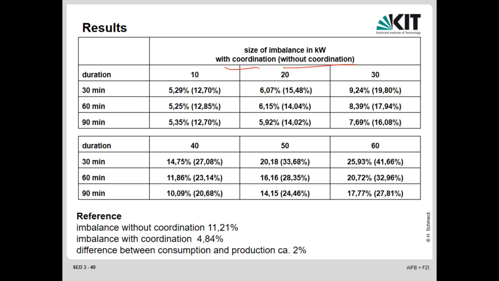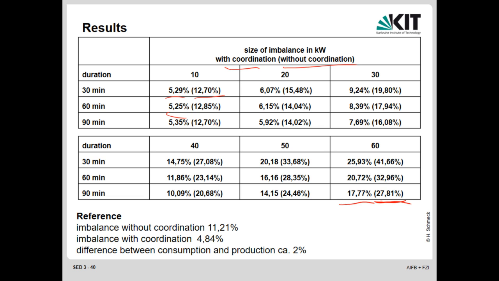So a reduction from 12% to 5.29%, or here down to 5.25%. Here, if we have, for example, 60 kilowatt imbalance for 90 minutes, it would be 27% imbalance without coordination, which can be reduced to 17% with coordination.